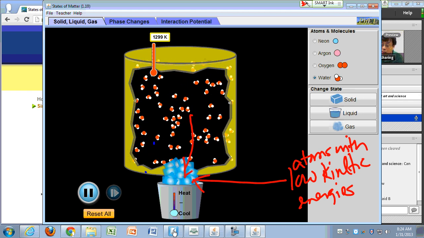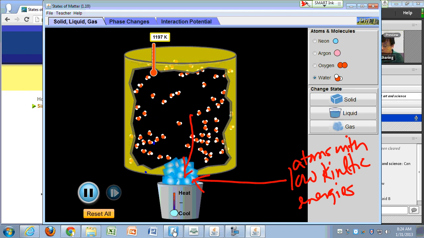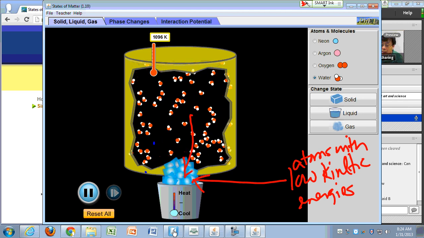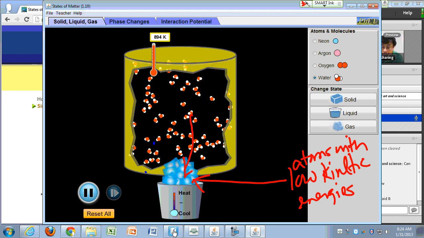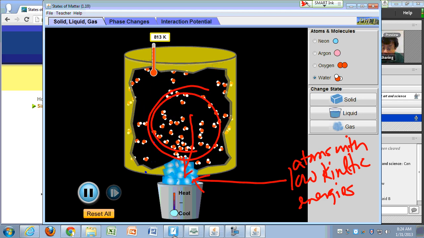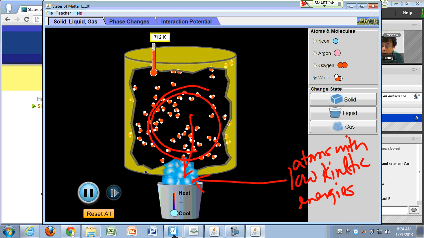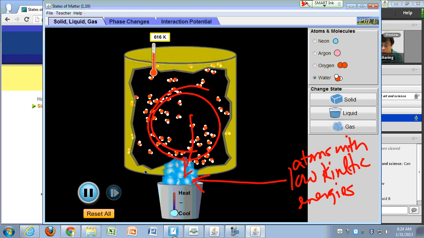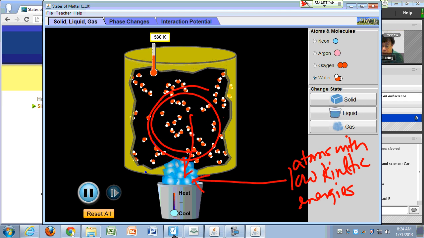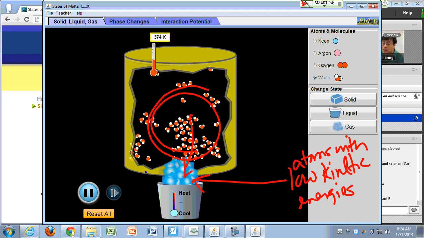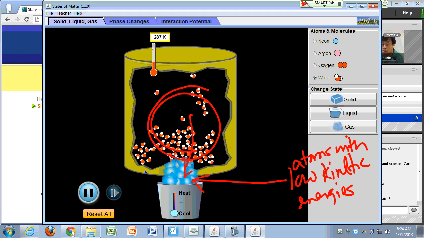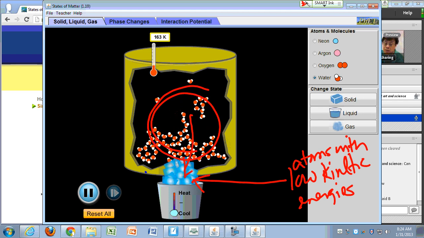So the thermal energy inside drops. The energy that's transferred is called heat. The energy that the atoms have just because they're moving, the total of that, is called the thermal energy of the atoms and the molecules. So the hotter the object, the higher the thermal energy. The colder the object, the lower the thermal energy.